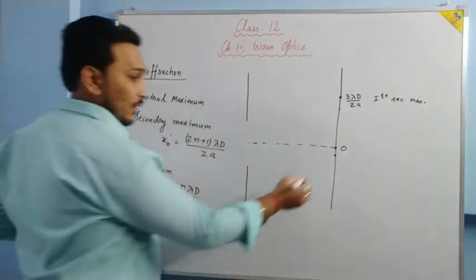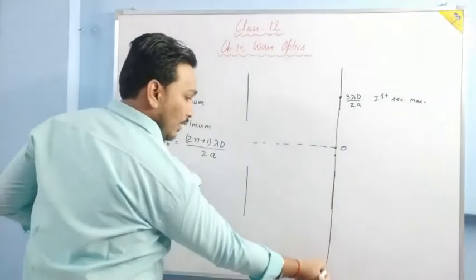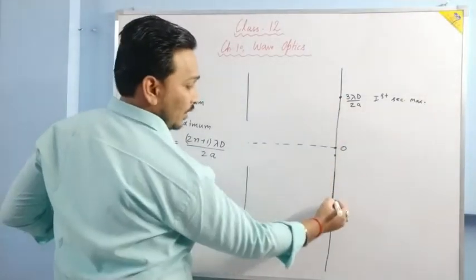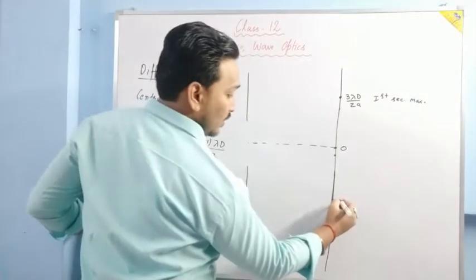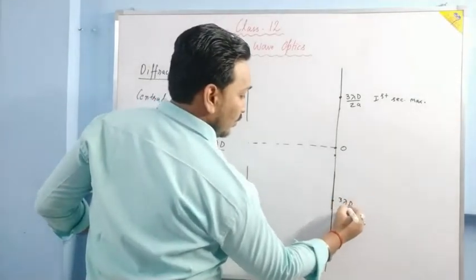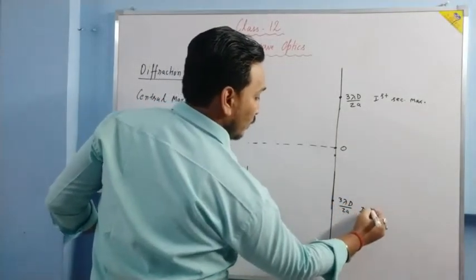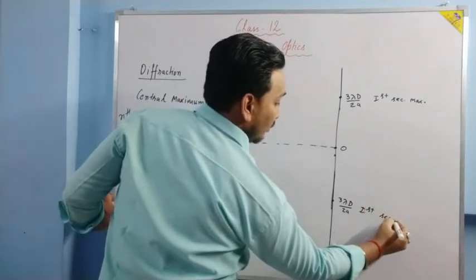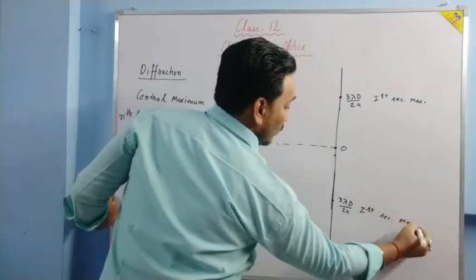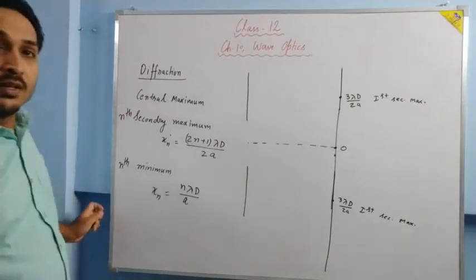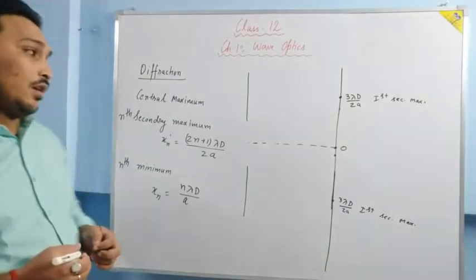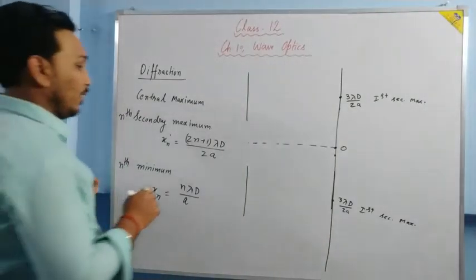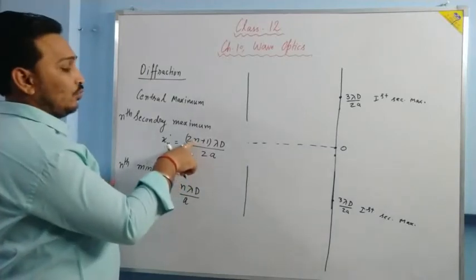In the same manner, at the bottom also, at the same distance, 3 lambda D by 2a, the first secondary maximum is formed. Is it clear?